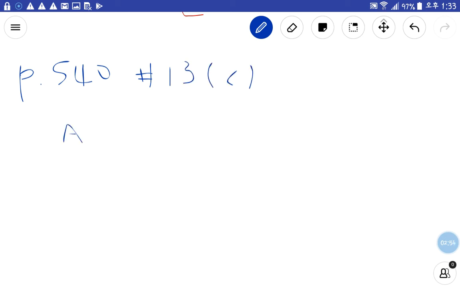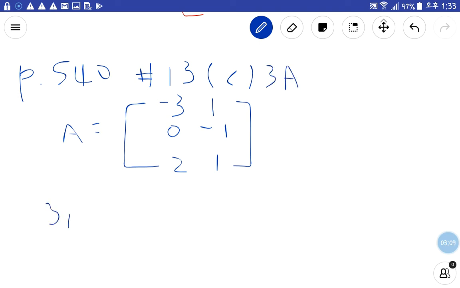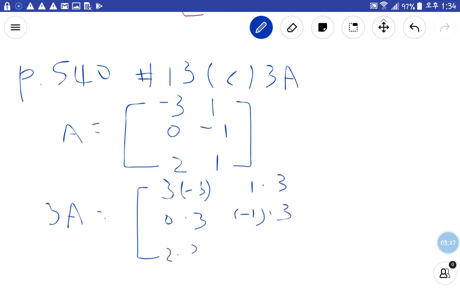Alright, so page 540, number 13, C. My matrix A is -3, 1, 0, -1, 2, 1. And my question C is 3 times A. So I'm going to multiply 3 onto everything. So -3 times 3, 1 times 3, 0 times 3, -1 times 3, 2 times 3, 1 times 3.